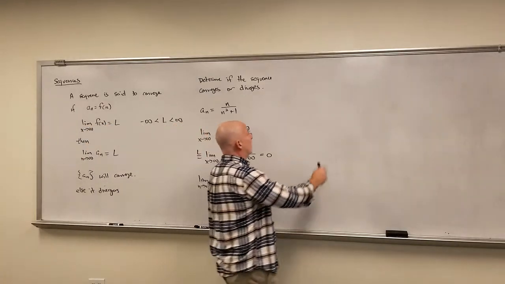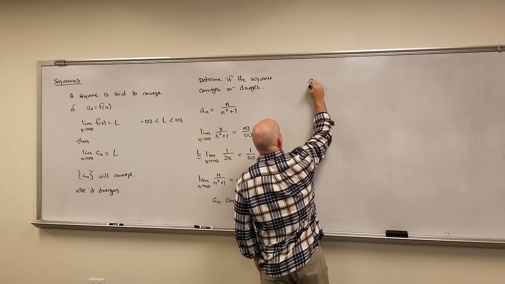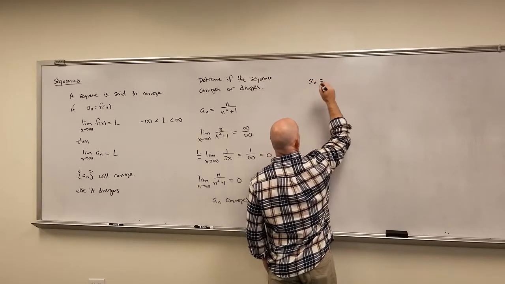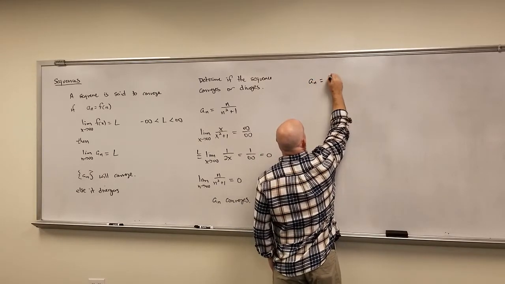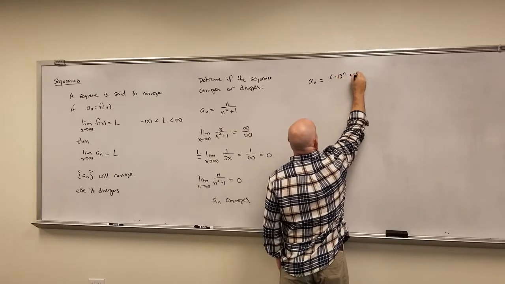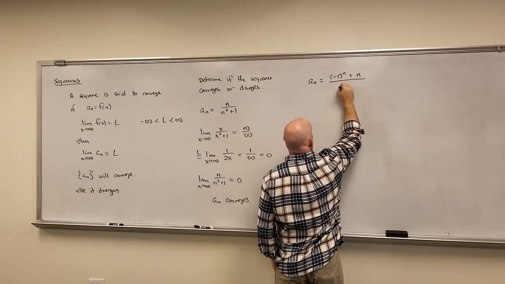All right, let's try another one. Do one more here. What if I said a sub n is equal to, I don't know, negative 1 to the n plus n all over 3 to the n.